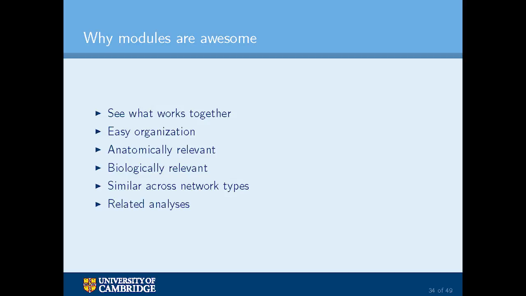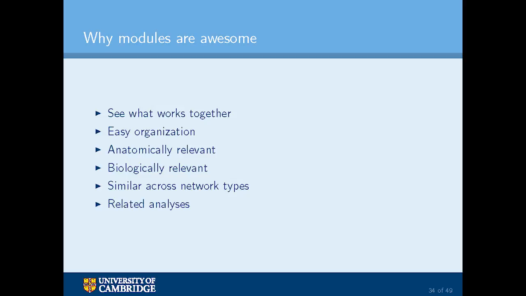So there are some types of analysis where you say, okay, I found the modules. Now let's find when nodes change from one module to another. Is that clinically relevant? Is that important? When does it happen? Does it happen in certain diseases? Does it happen as people age? And so it allows you to ask a lot of other questions.